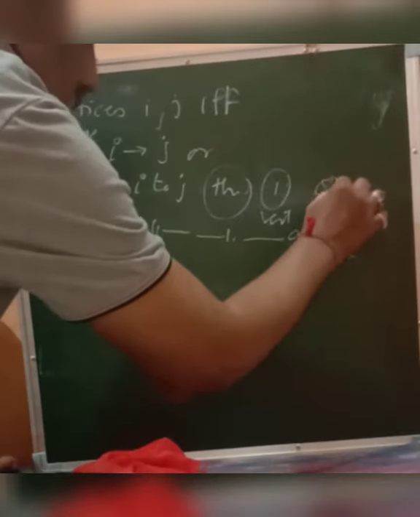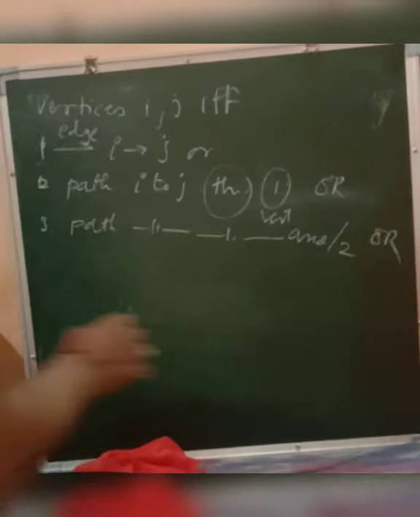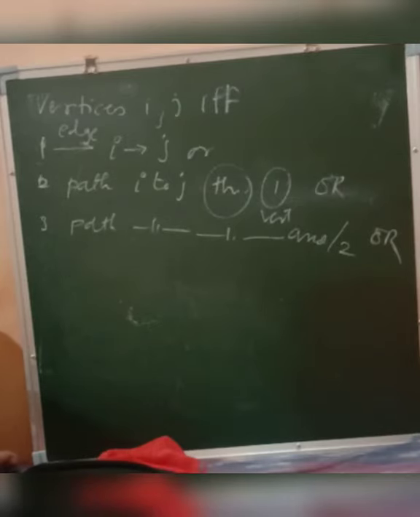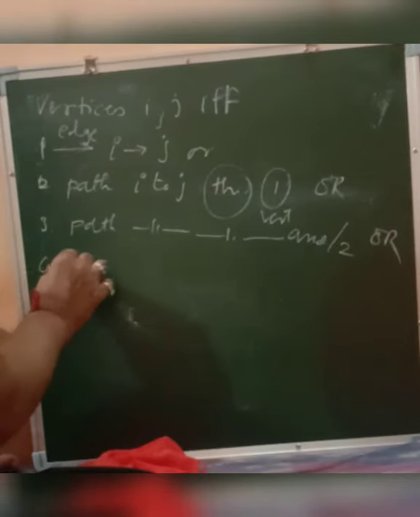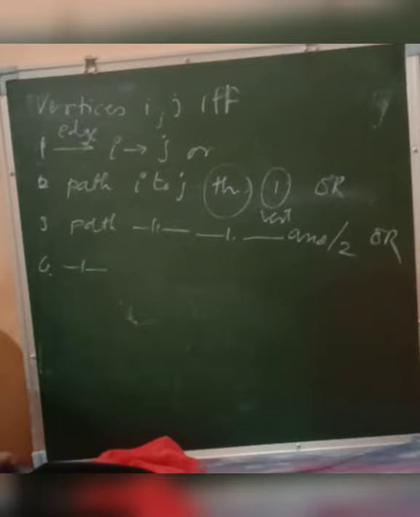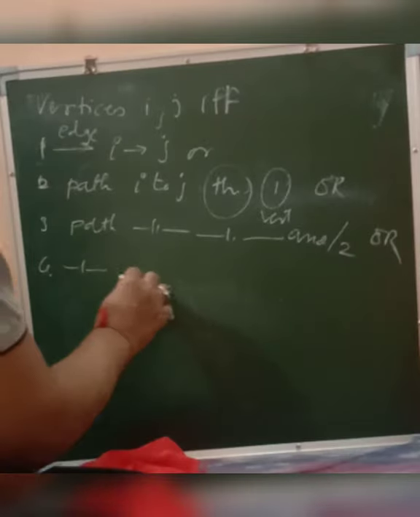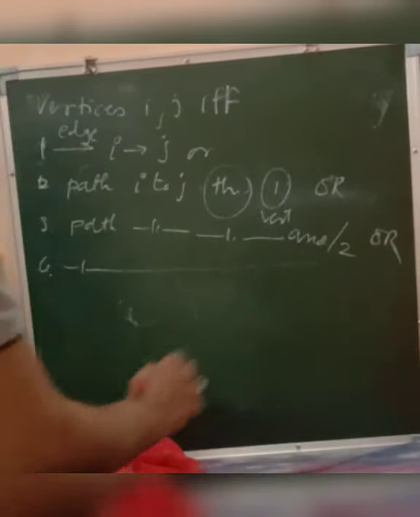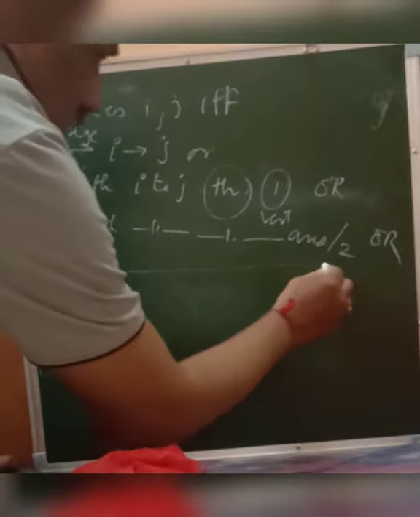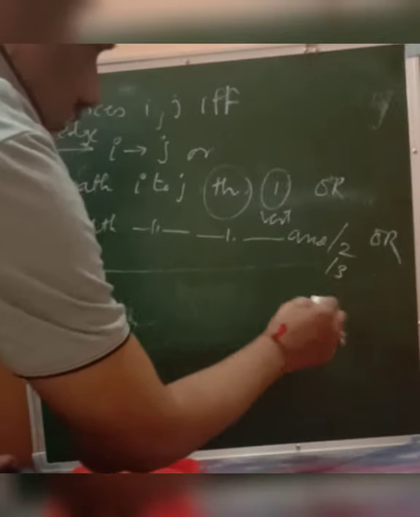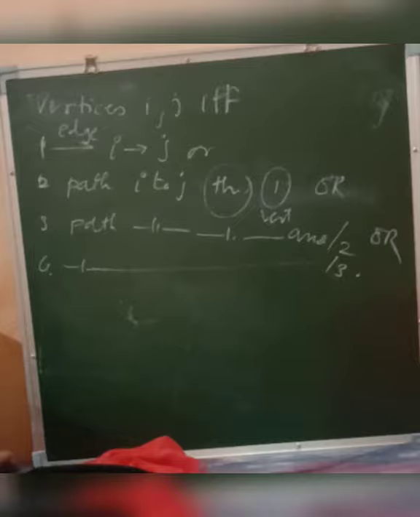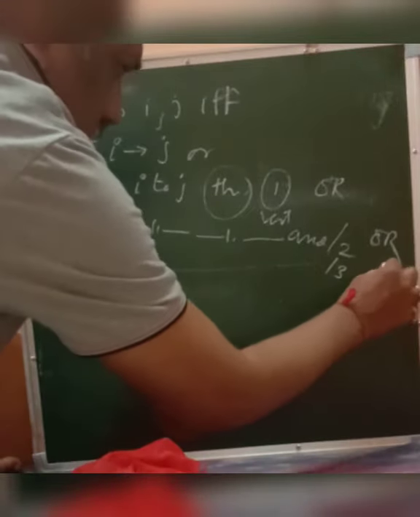You can say this is all. The fourth one is also a path from I to J going through the vertices 1 and 2, same thing, and 3. This is going to be the OR again.